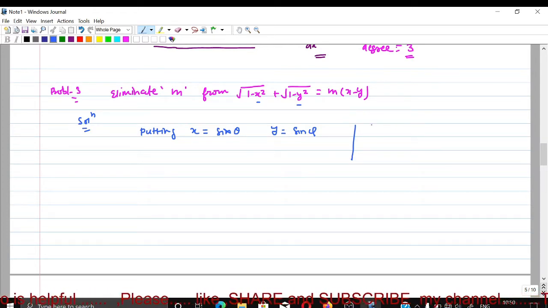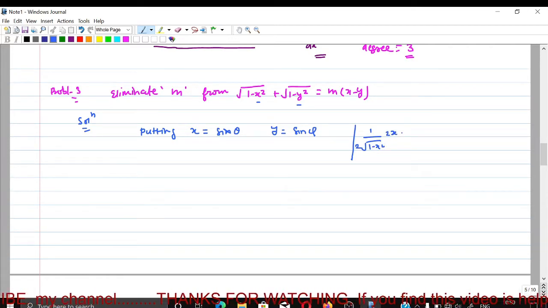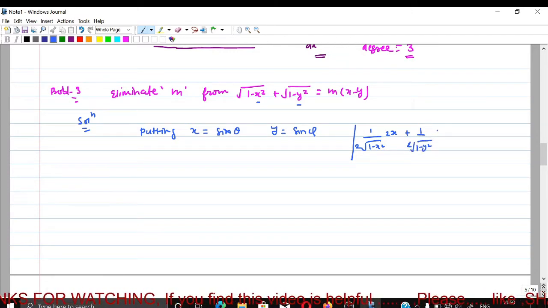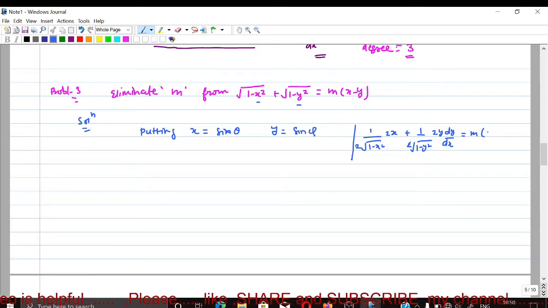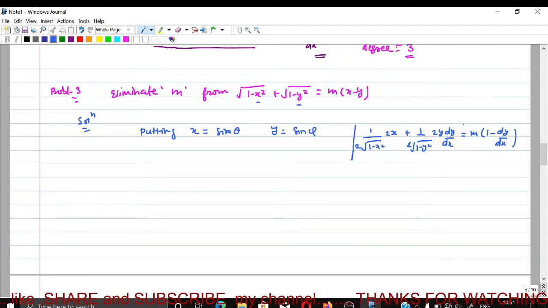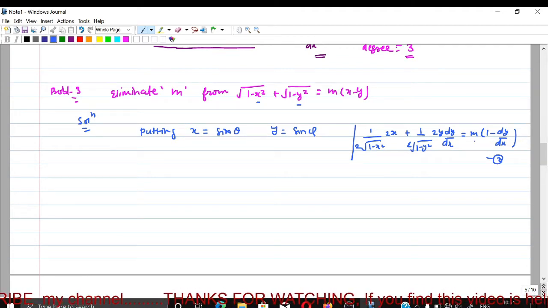If we differentiate this problem directly, we get an equation 2, and with equation 1 you can remove the value of m.